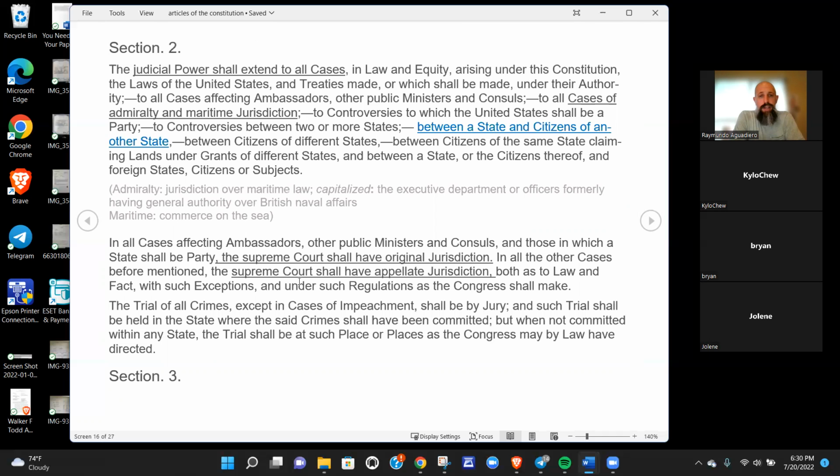Another definition: the executive department or officers formerly having general authority over British naval affairs. Interesting, British naval affairs in our Constitution. So commerce at sea. We got British naval affairs and maritime and admiralty and commerce at sea. Any cases that involve commerce over the seas fall under the jurisdiction of the Supreme Court.